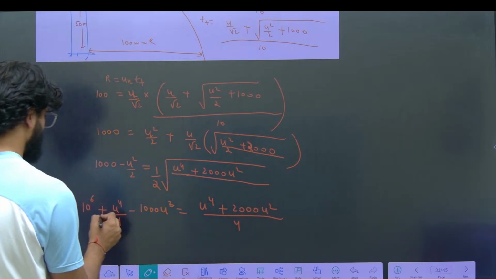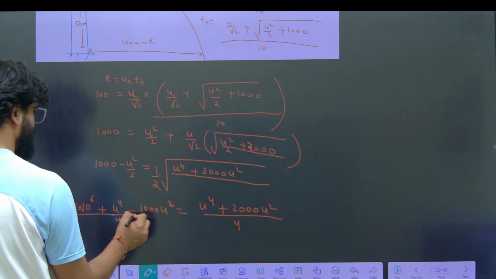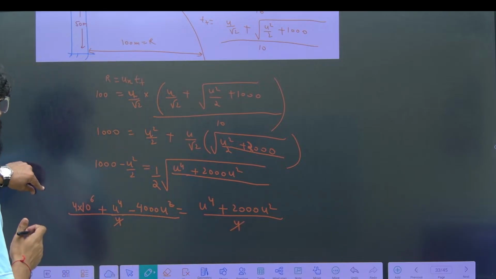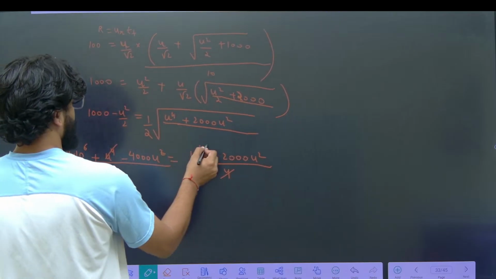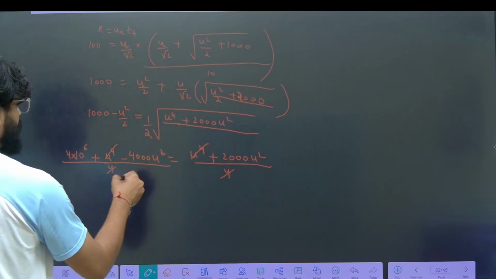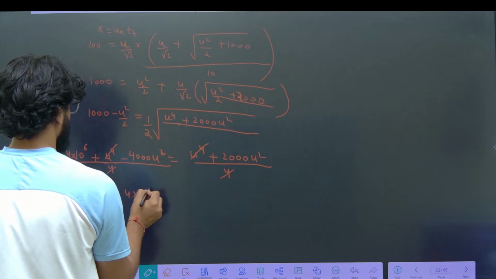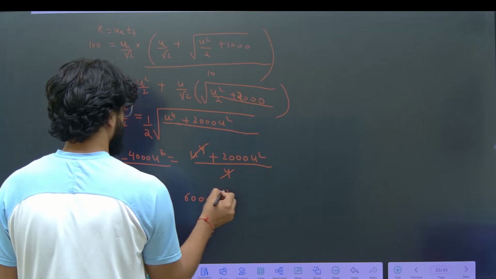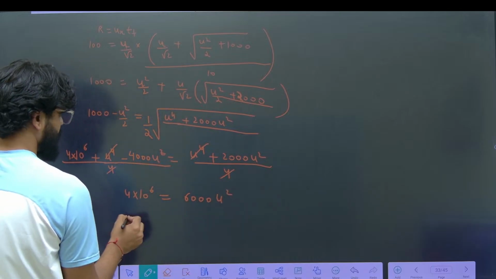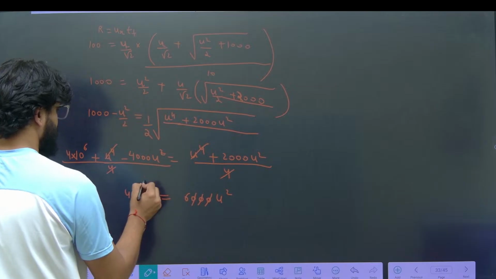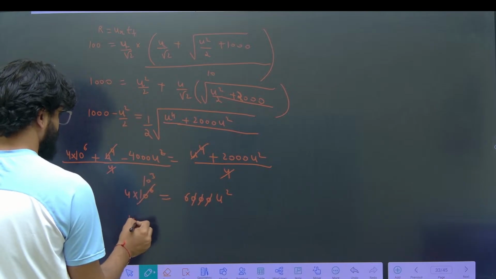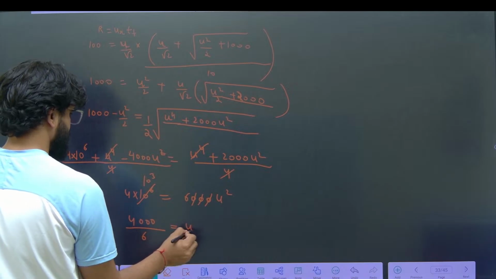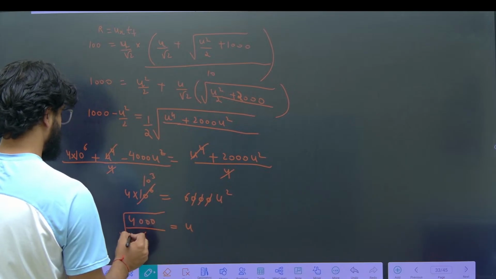Let's take the advantage of this and cancel out these things. Thank God, u power 4, u power 4 are cancelling out. So 4 into 10 to the power 6 is 6000 into u square. So it will be 10 power 3, so 4000 upon 6, under root, is u.